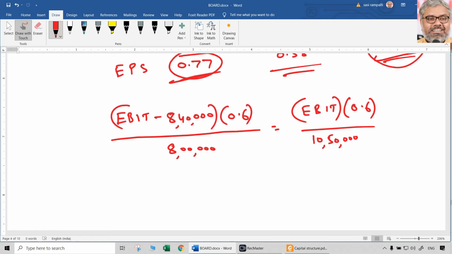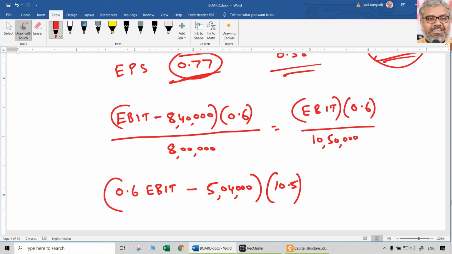So cross multiply. 0.6 EBIT minus 840 into 0.6, 5,04,000, whole multiplied with 10.5 lakhs. That will be equal to 0.6 EBIT multiplied with 8. So 0.6 into 8, 4.8 EBIT.